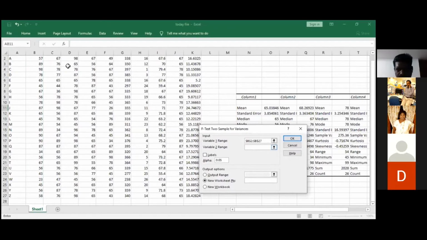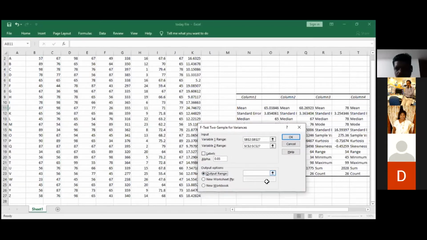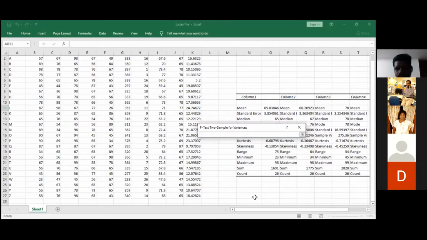Then the second variable, social science. Then the output range, N27.